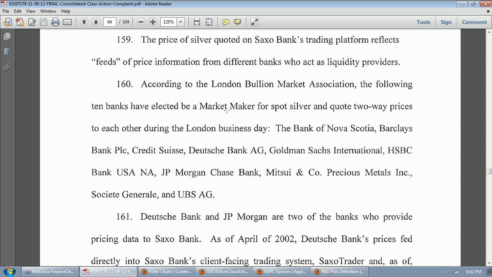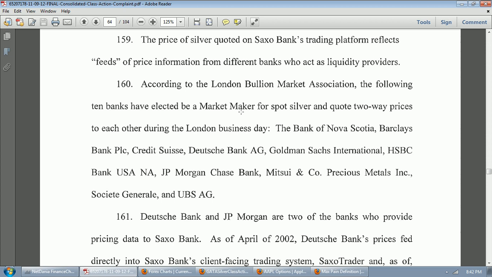Now, does this look a little bit familiar? Remember the LIBOR scandal? Remember what happened with that? These banks were all calling each other and telling each other what their creditworthiness was.